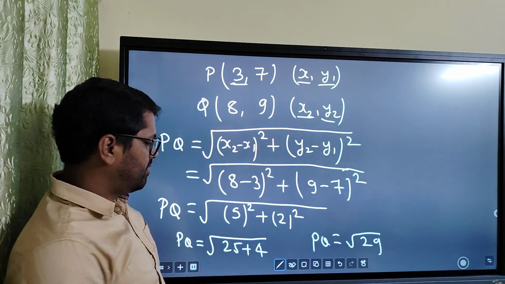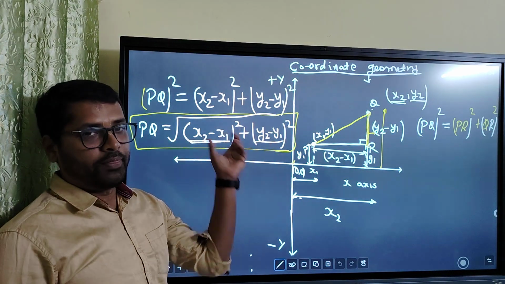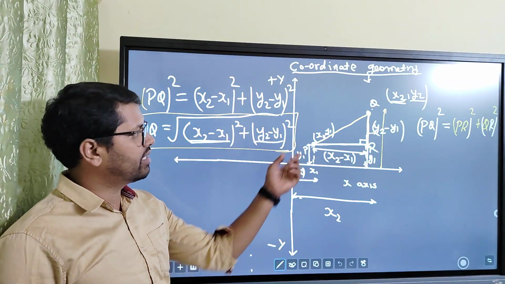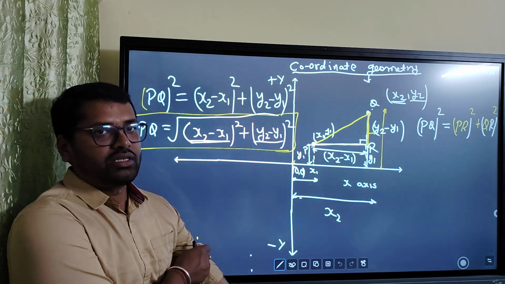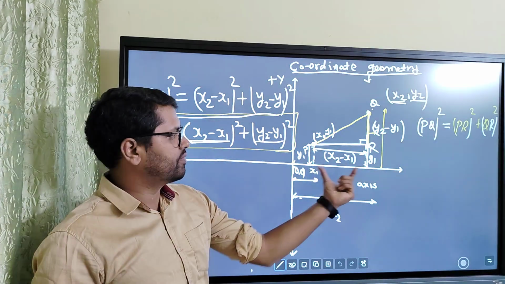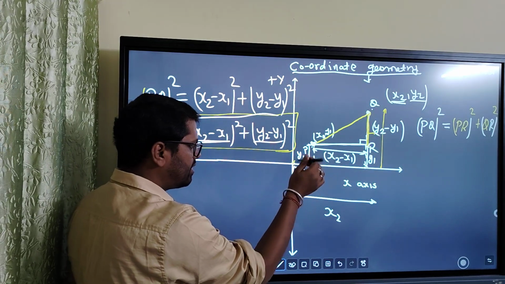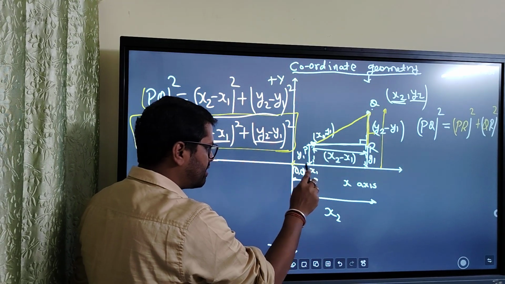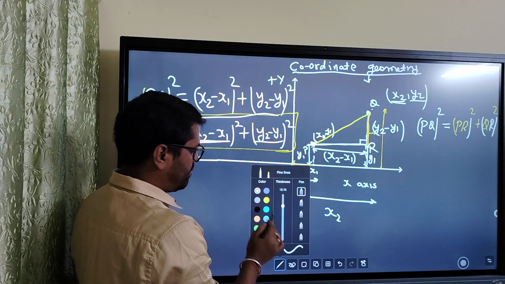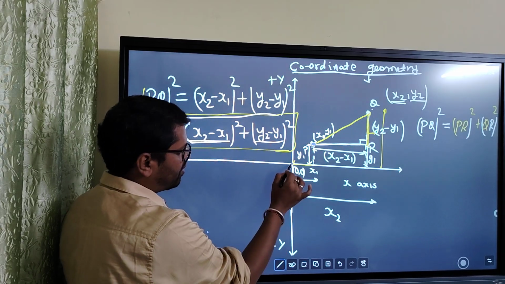So I hope it is clear in this. We just have to remember this formula. If you want the derivation, you can understand we have used Pythagoras theorem. In that, you should just know what x1, y1 is. If this is the coordinate x1, y1, this represents the x distance. Suppose we have to reach P, how do we reach from origin?